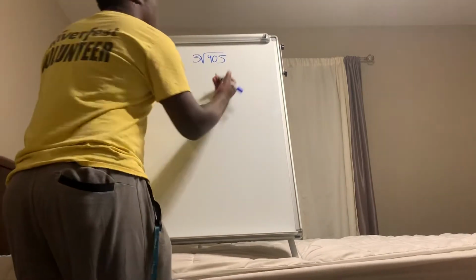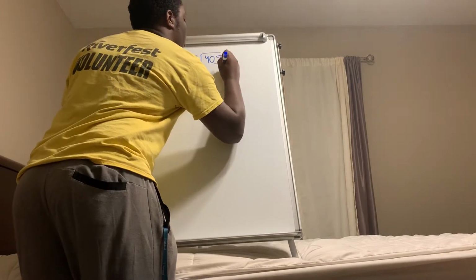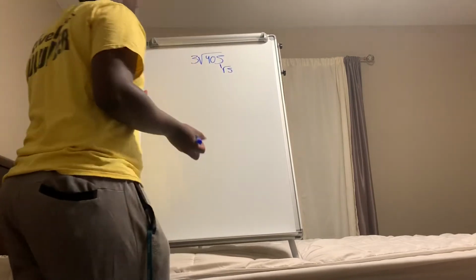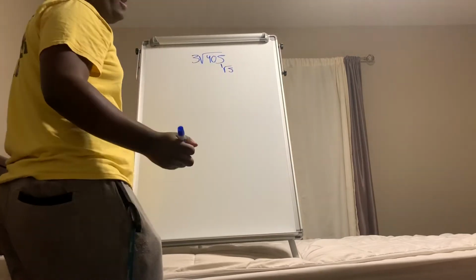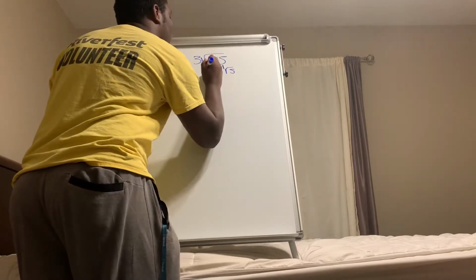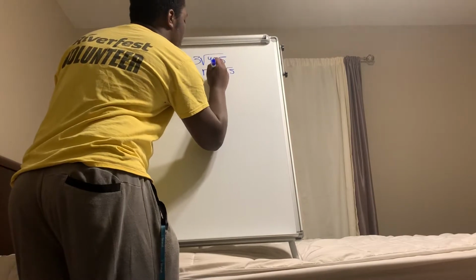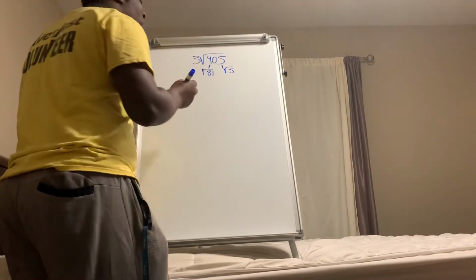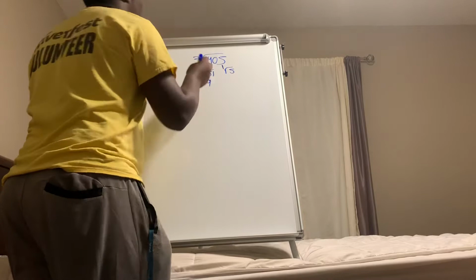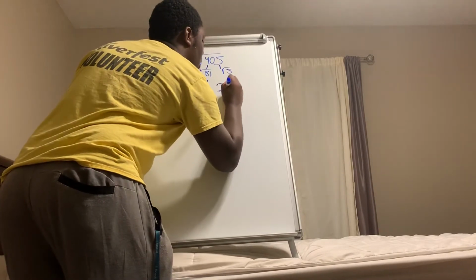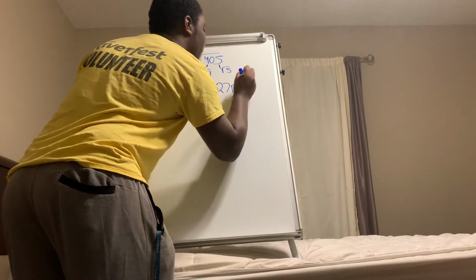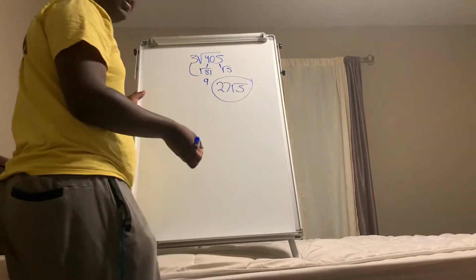So I'm going to just do the square root of 5. Now we're going to take 405 divided by 5, and our answer is going to be 81. The square root of 81 is 9. 9 times this 3 is 27 radical 5. There's our answer.